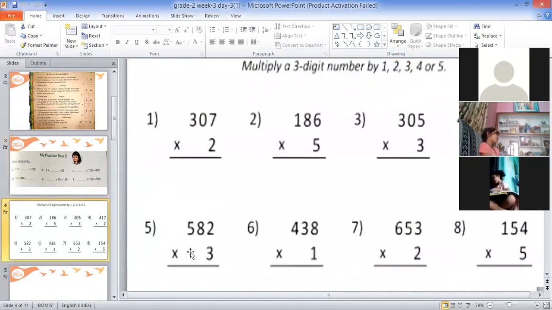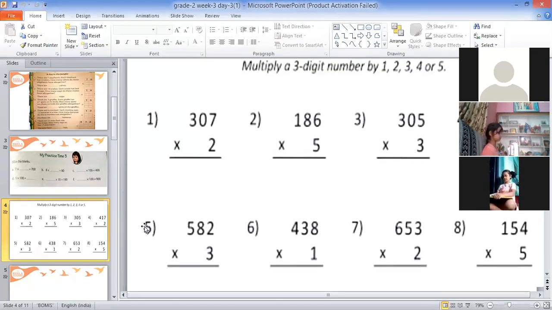Yes, children, take out your math notebook quickly. Write date and class work in your math notebook. Again I am repeating, take out your math notebook, write date and class work. No need to copy all the questions.